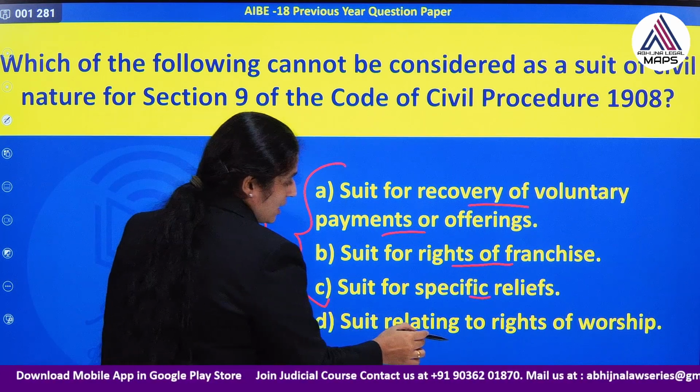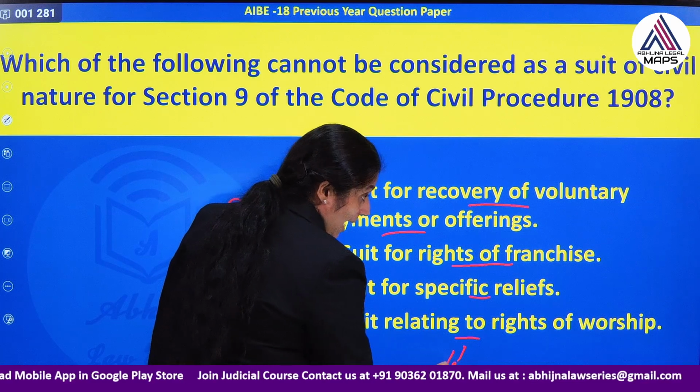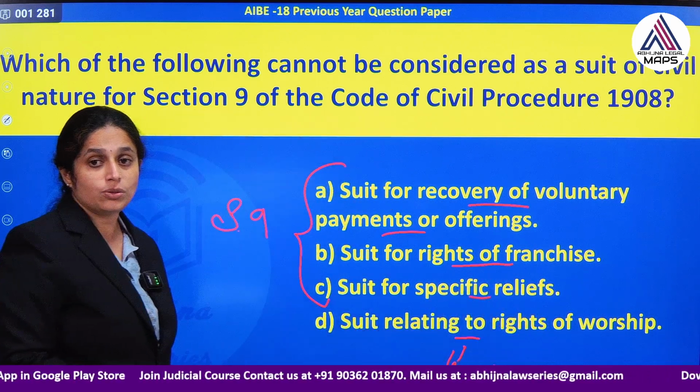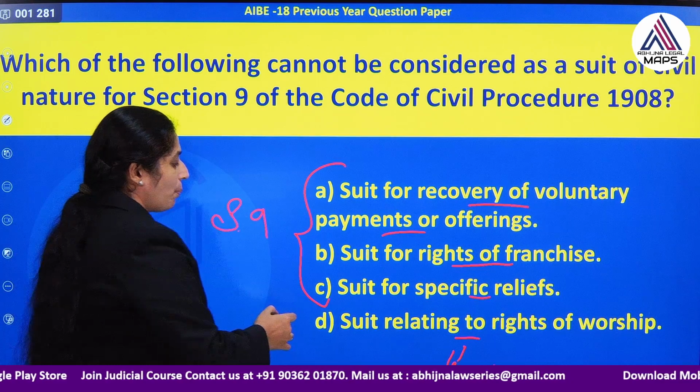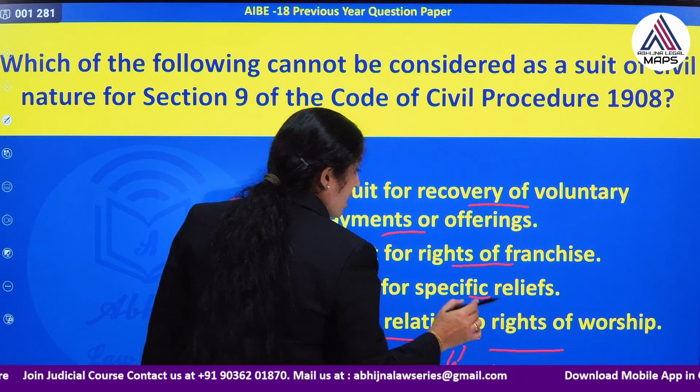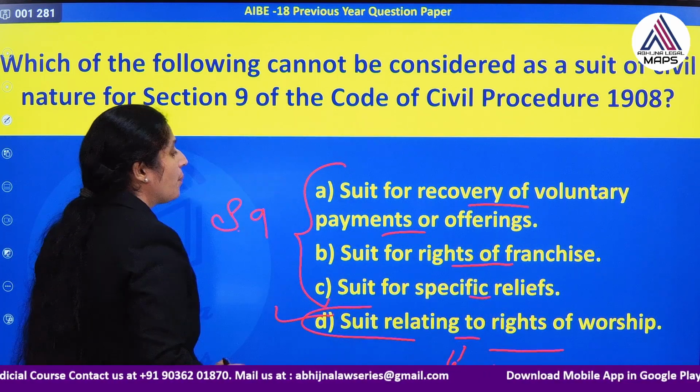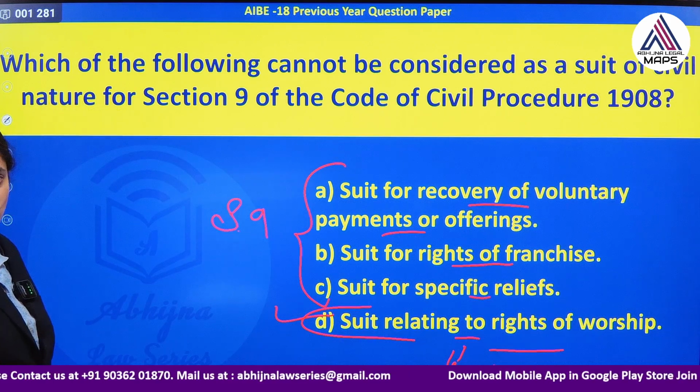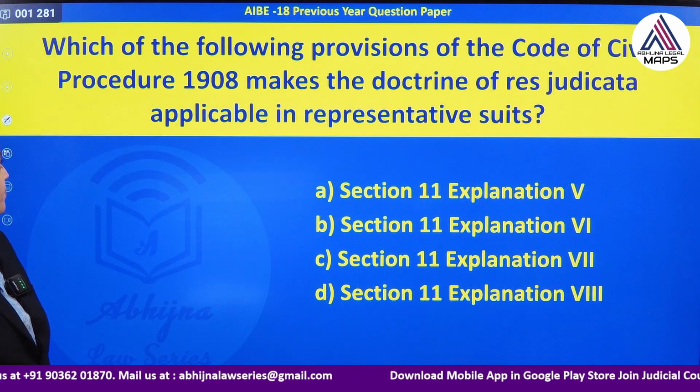But even this, if it relates to legal rights, that can be considered as suits of civil nature. But if it is involving purely questions of religion, religious rights, then this cannot be considered as suit of civil nature. So, D is the answer.